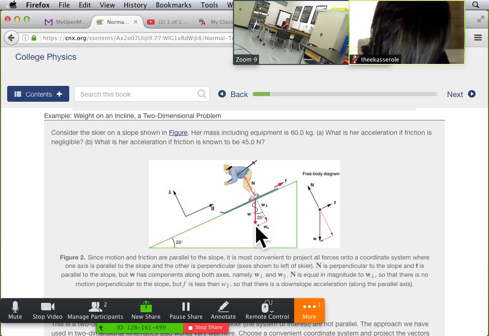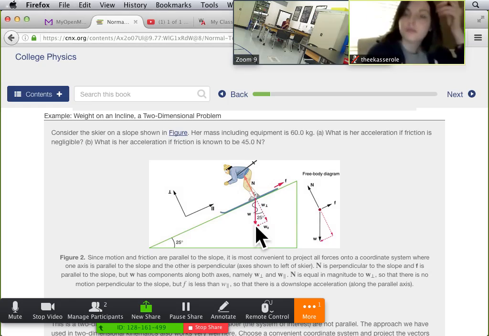And this is one of those circumstances where the sine and the cosine are going to do exactly the opposite of what they've been doing so far in this class. Notice that this angle right here is the 25-degree angle. It's the smaller angle. And the opposite side is going to be this horizontal direction that's parallel to our slope. So it's going to find out the magnitude of the parallel component, which would normally be our x component or the cosine.